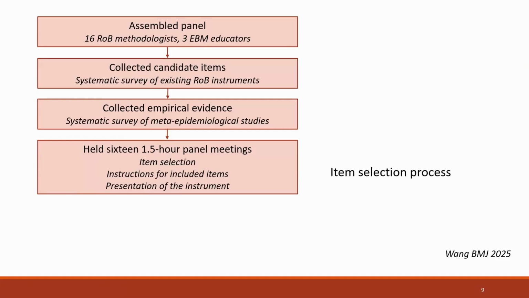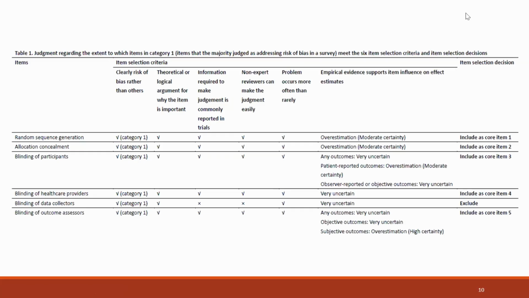To give you now insights into the item selection process, I would like to show you a couple of overviews. I'm sorry that this is a bit of a crowded slide, but I will just guide you through it.